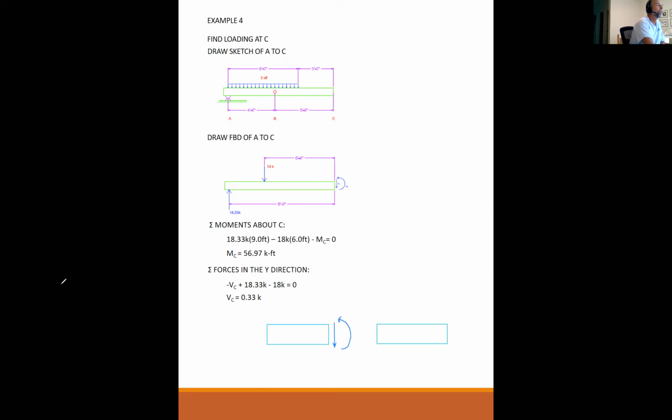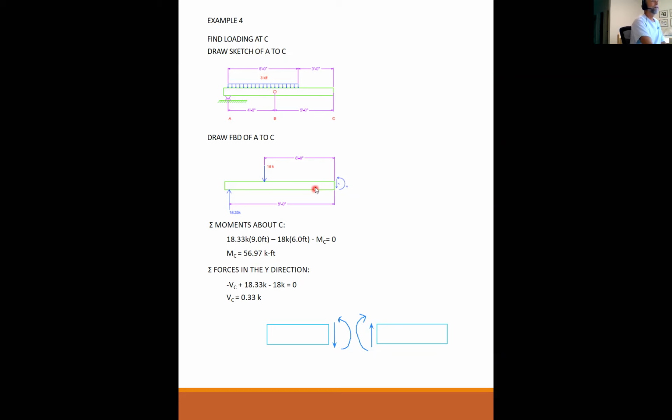But when we do the shear and moment on the right-hand piece, positive shear is up, and positive moment is clockwise. They're equal and opposite. And so hopefully I'm answering your question.